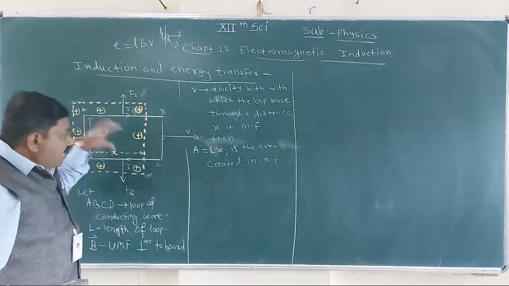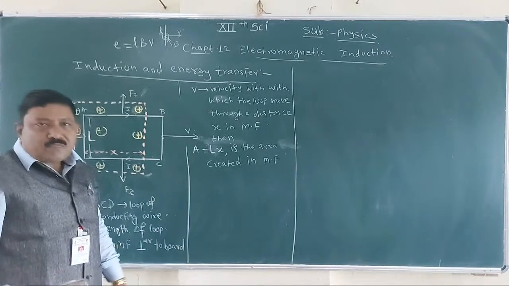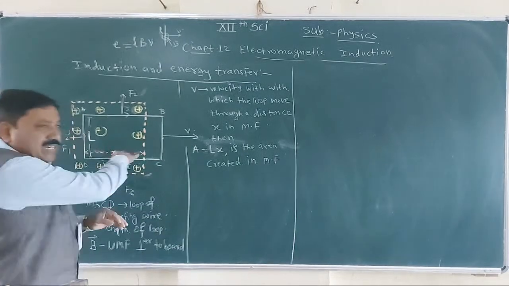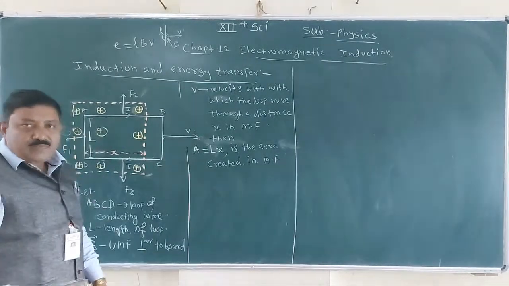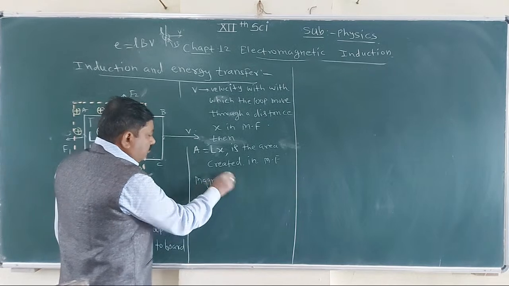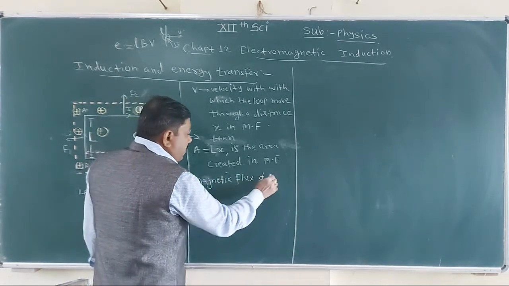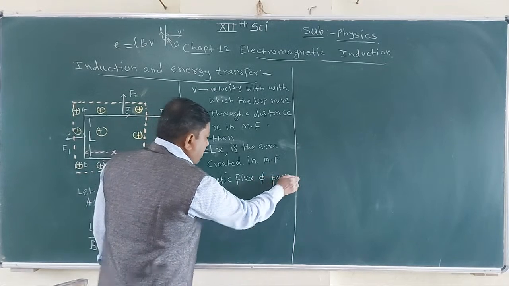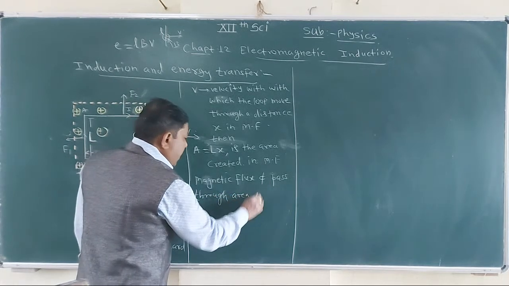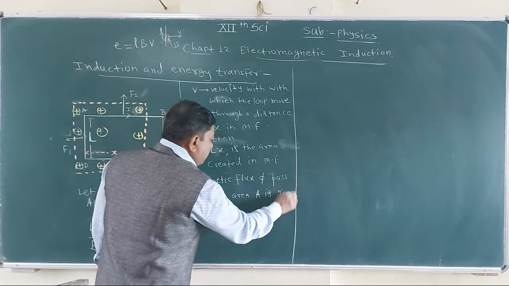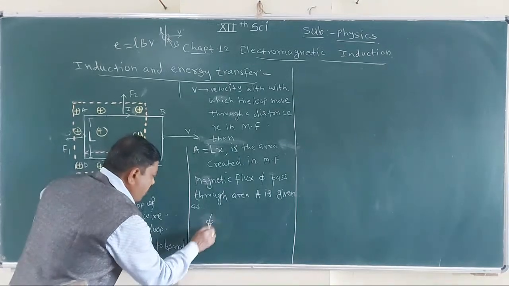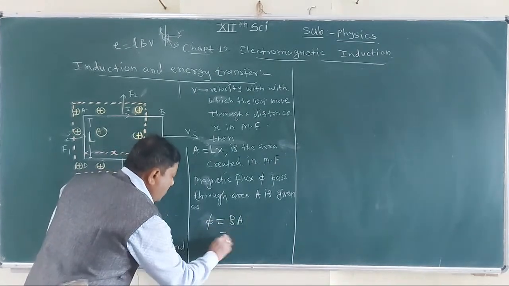When the area is created in the magnetic field, then by definition what is the magnetic flux passing through that area? मग तेवढ्या एरिया मधून किती मॅग्नेटिक लाईन जातात, त्यावेळी अशी वायर इकडे मूव्ह होते, त्यावेळी त्याला म्हणतात मॅग्नेटिक फ्लक्स. Magnetic flux phi passing through area A is given as phi is equal to B into A. What is B?